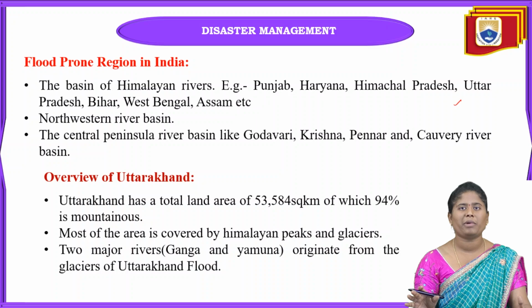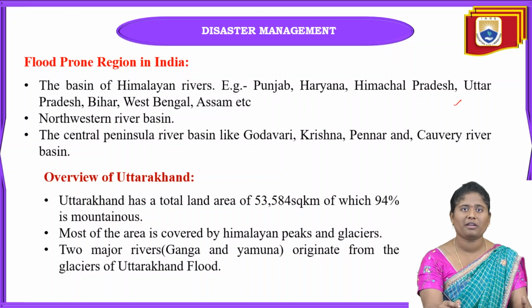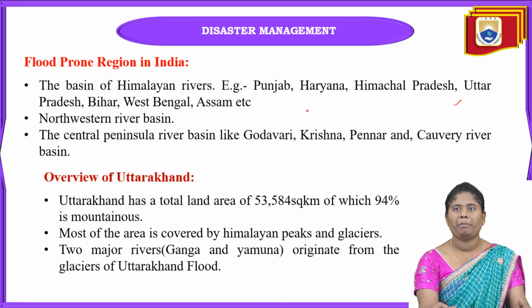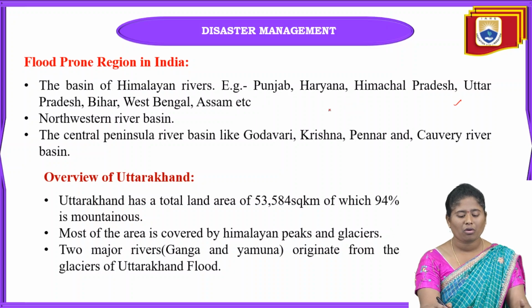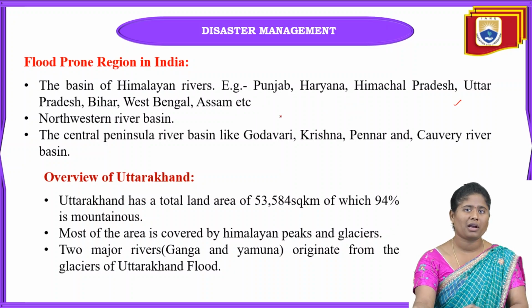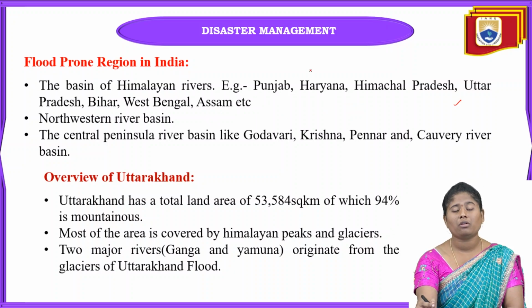Nearer to these Himalayan regions, what are the states we can see? Here you can see Punjab, Haryana, Himachal Pradesh, Uttar Pradesh, Bihar, West Bengal, Assam, and obviously Uttarakhand also. And next one is the Northwestern River Basin, and this is also one of the greatest flood prone regions in our India.